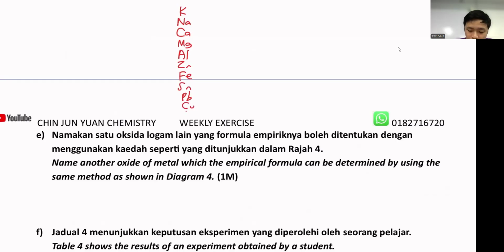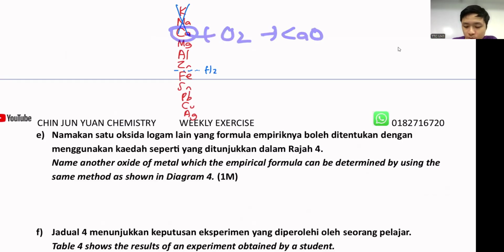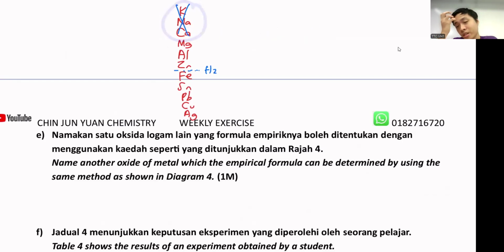Now, in this case, hydrogen is between zinc and iron. Normally for the top 3, we don't do the experiment because they are too reactive. I think calcium can burn with oxygen to get calcium oxide, but normally these 3 are too reactive and easy to explode. So that's why normally you start with magnesium.